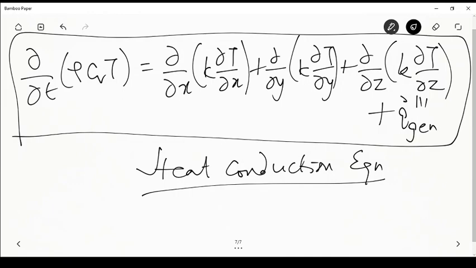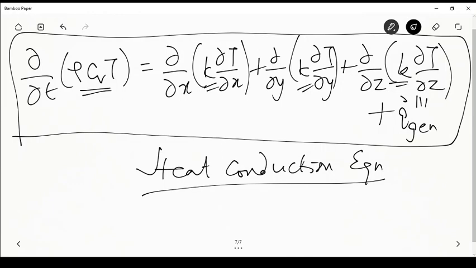So now this is a differential equation of temperature in x, y, z and t, and there are parameters which are properties of the material. One is the conductivity, the other is density and specific heat. These three are properties of a given material.